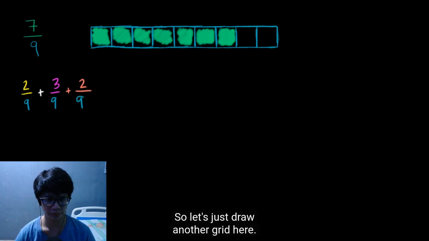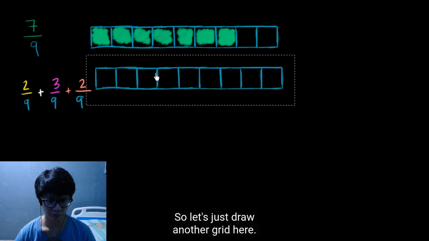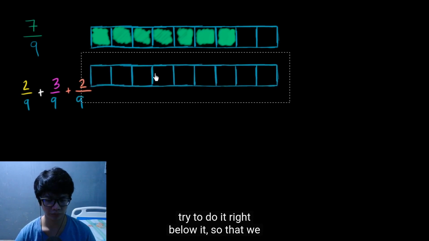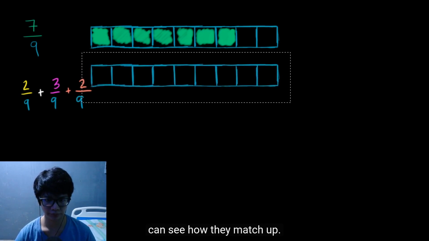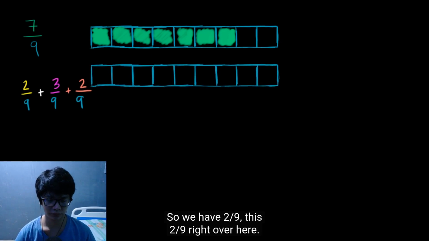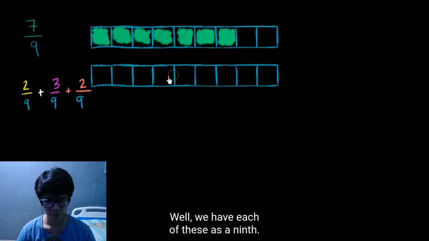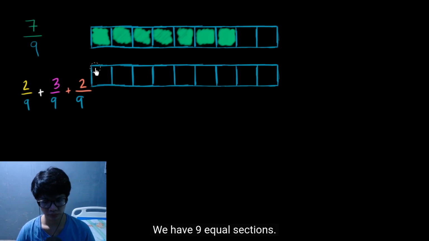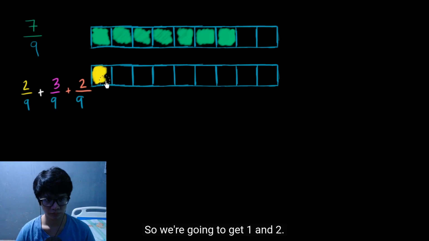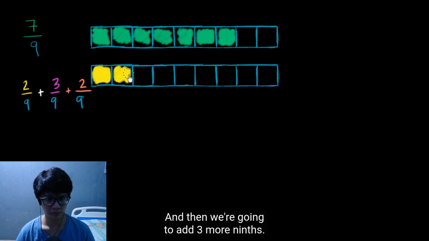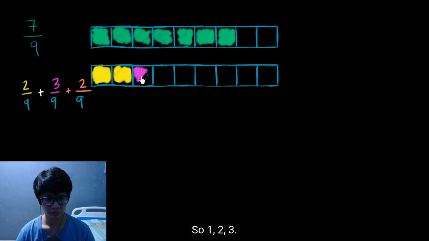So let's just draw another grid here. I'll try to do it right below it so that we can see how they match up. So we have 2/9. Each of these is a 9th. We have 9 equal sections. So 2/9 is going to be 1 and 2. And then we're going to add 3 more 9ths. So 1, 2, 3.